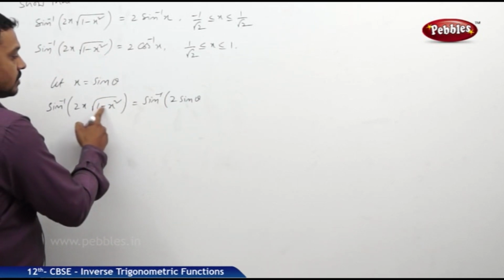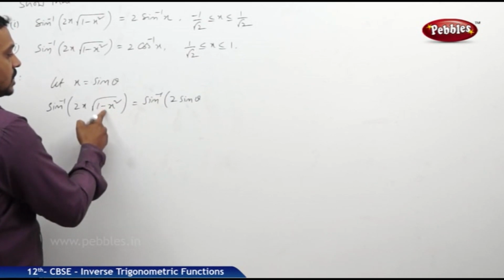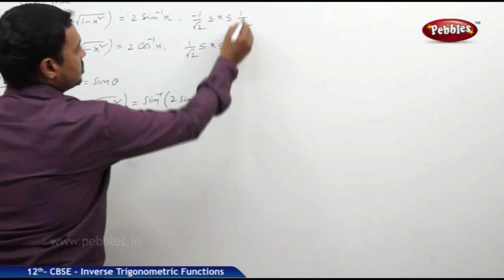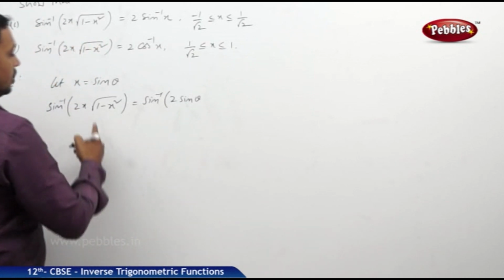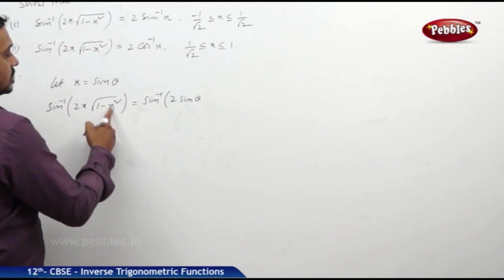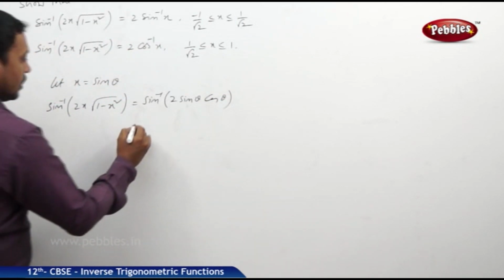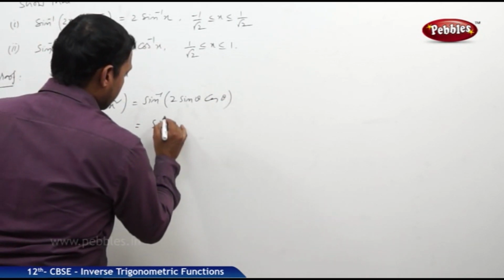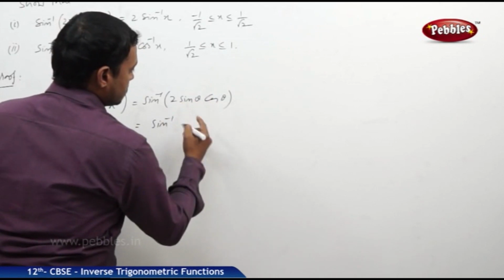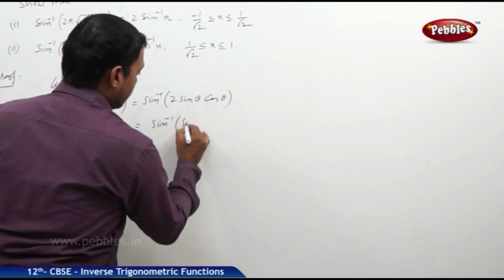Root of 1 minus sin square theta is root of cos square theta, which is equal to cos theta under this domain. Therefore, this is sin inverse of 2 sin theta cos theta, which is sin 2 theta.